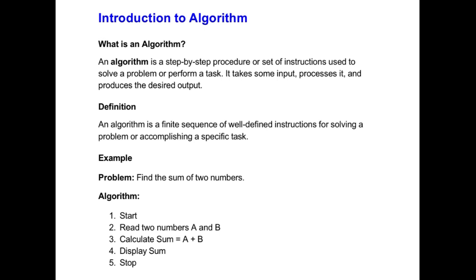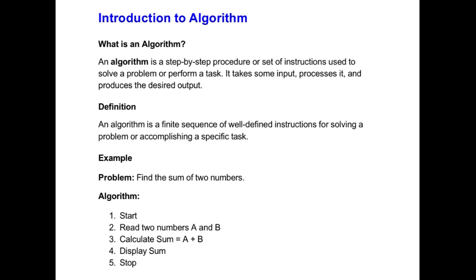So what is an algorithm? An algorithm is a finite sequence of well-defined instructions for solving a problem or accomplishing a specific task. Also a step-by-step procedure or set of instructions used to solve a problem or perform a task. This has a problem.